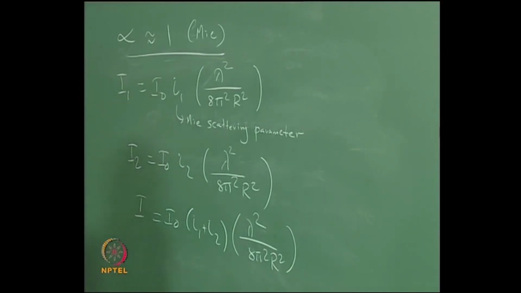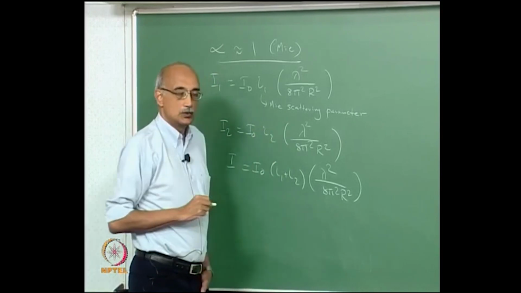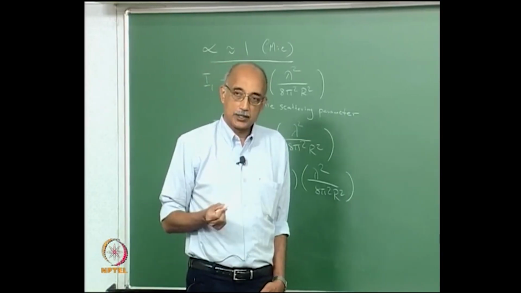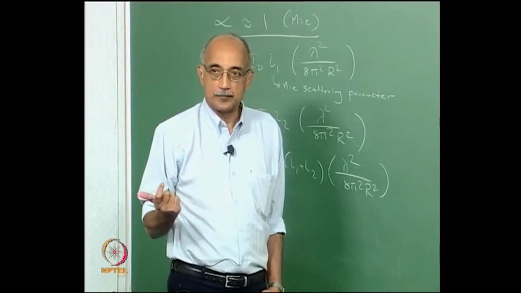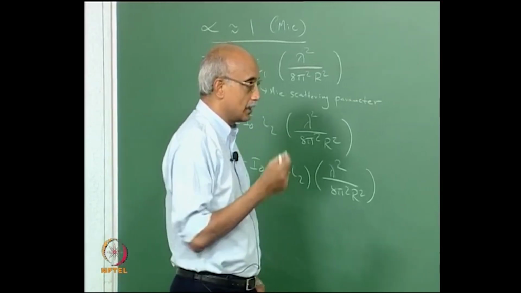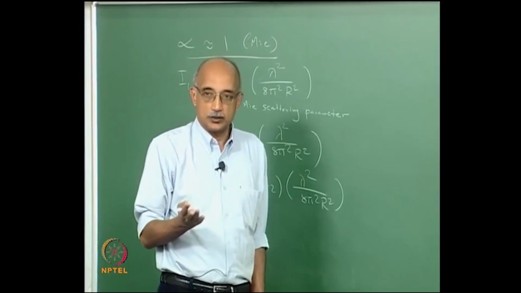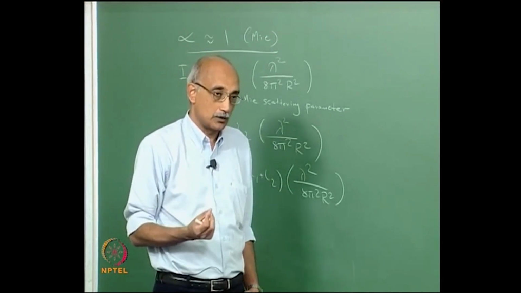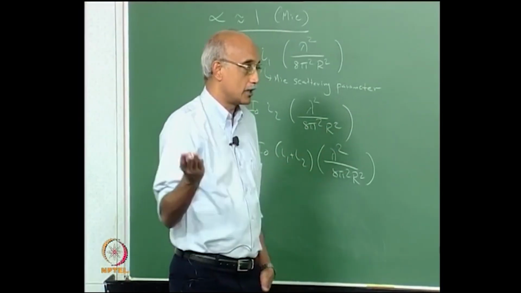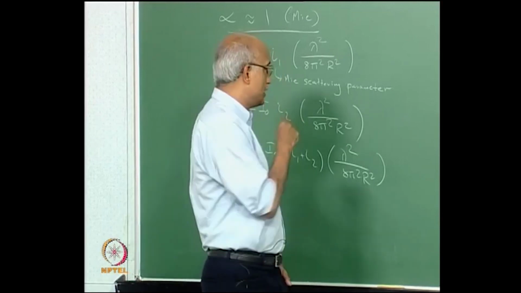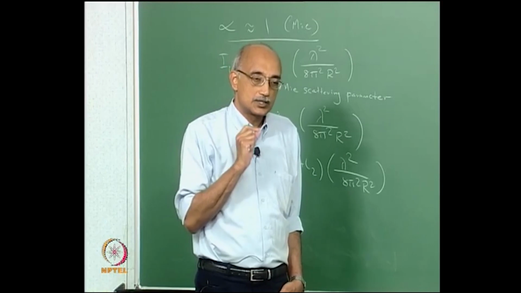The complexity is actually in this i parameter. i1 and i2 have very complex dependencies on theta and the refractive index parameter m, and unlike the Rayleigh scattering regime where these predictions are valid irrespective of the medium and the particle, the materials that they are made of, as well as the scattering angle ranging from 0 to 180, in the Mie scattering regime, each of these becomes also system dependent.